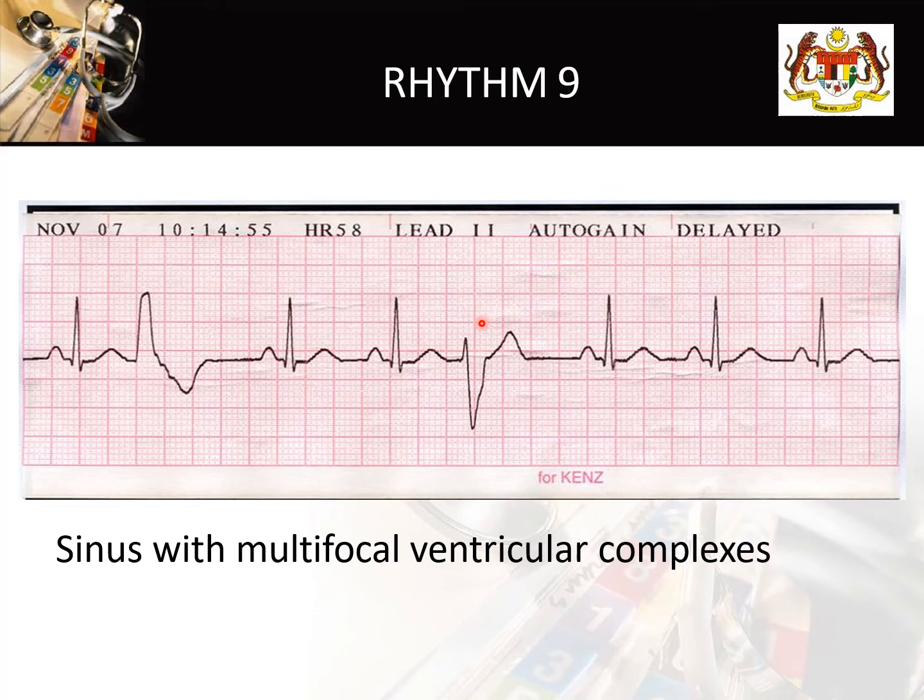That's why we call it multifocal ventricular complex. That means the ectopic beats come from more than one point in the ventricle, not a single one. So this is a normal PQRS complex, and then you can see the premature ventricular complex, and then there is no P wave because the rhythm originates from the ventricle.